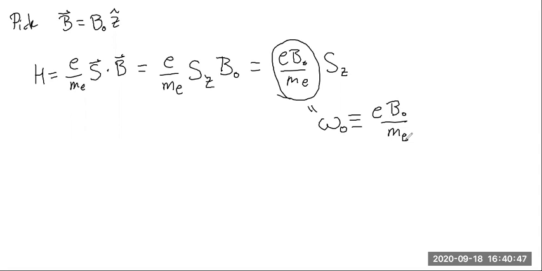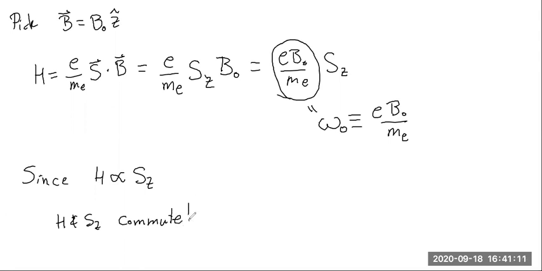Since the Hamiltonian is proportional to S z, this means that H and S z commute. This means that they share common eigenstates.